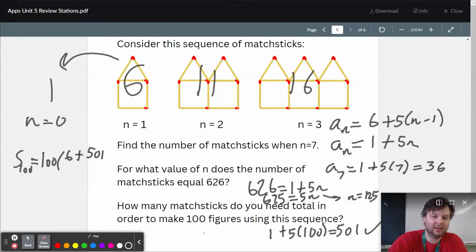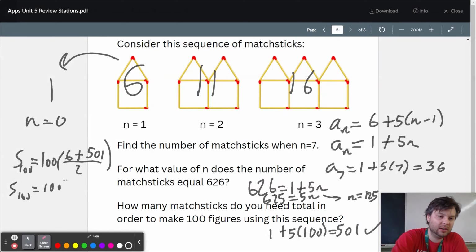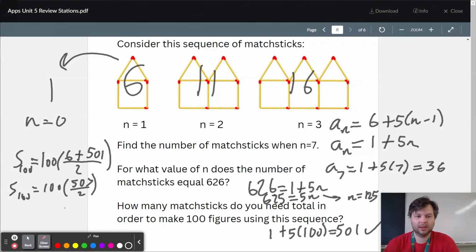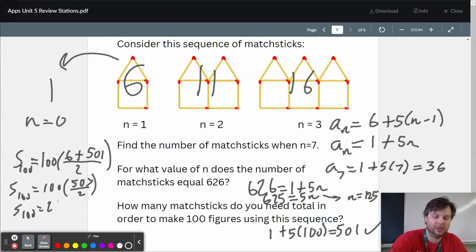I just figured that out here. And dividing that by 2. So S100 then means 100 times 507 over 2, which becomes 25,350. So that's another way you could interpret that last question.